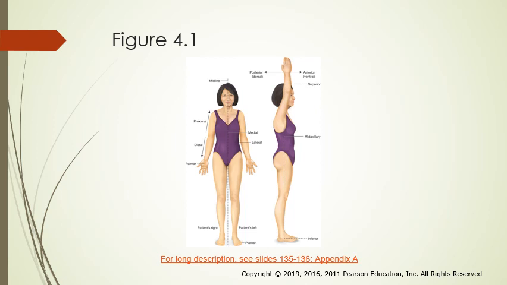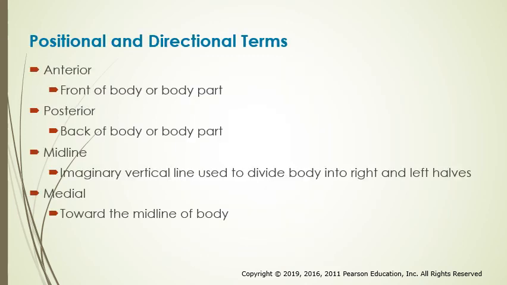Here's a figure from the book where it shows how the body is divided into different areas. You have your anterior, which is the front of the body or body part. So that'd be like, your face is anterior. Your posterior would be the back of your body. So your spine is in the posterior portion of your body.